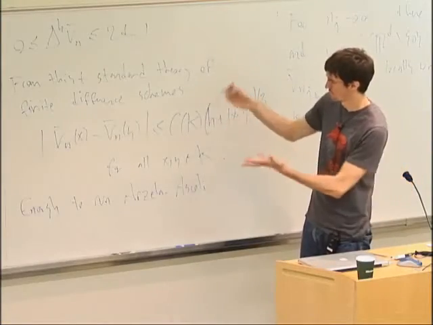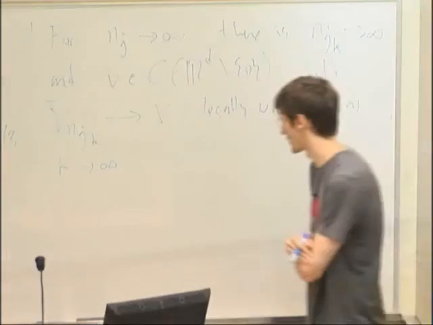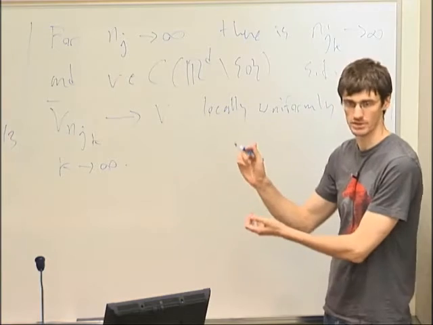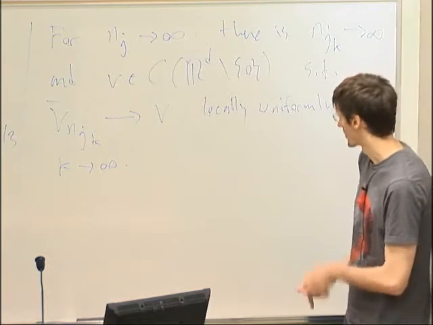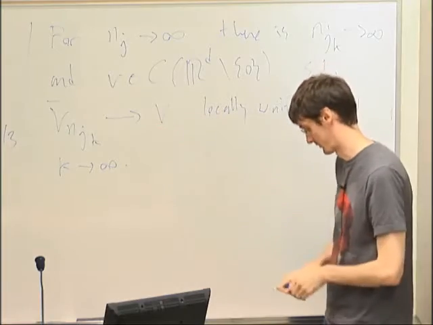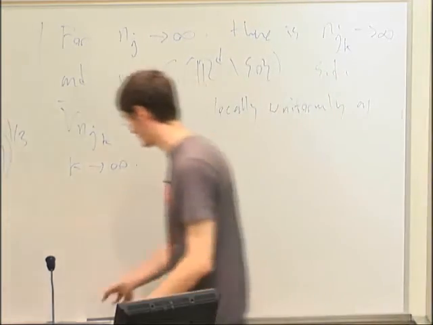So from these standard finite difference techniques, we get at least convergence along subsequences. All right, so then the question is, is this continuum limit unique? How do we do that?